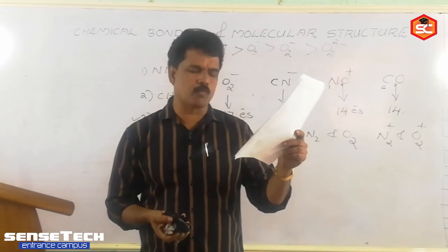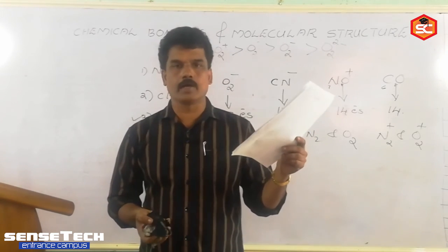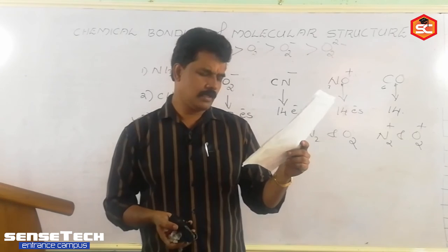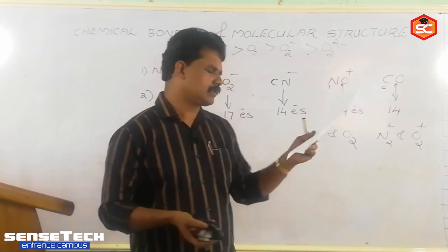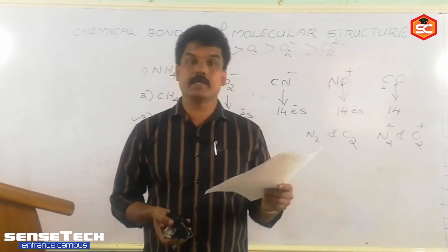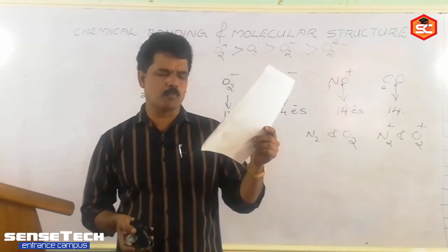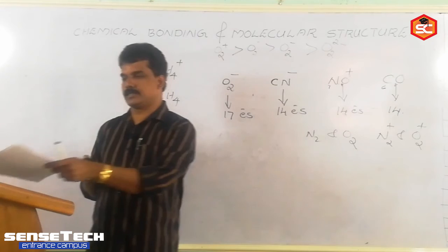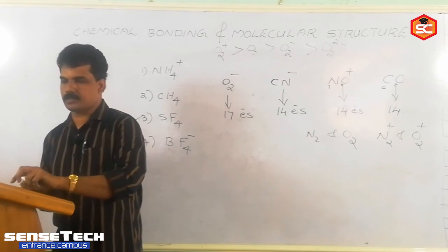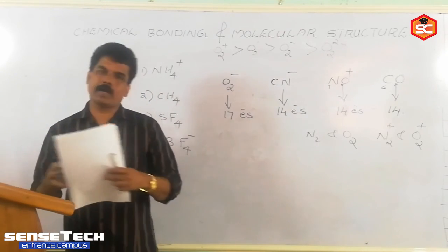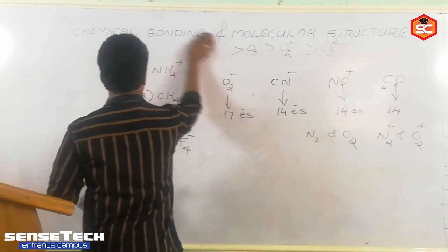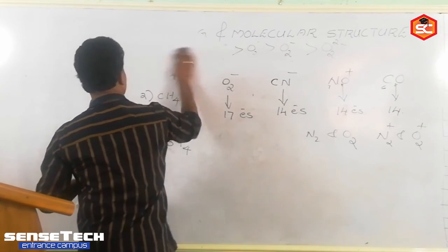Second, in O2 plus the OO bond order increases. Third, in O2 plus paramagnetism decreases. Fourth, N2 plus becomes diamagnetic. That is the wrong option. N2 plus is also paramagnetic because 1 unpaired electron will be there.